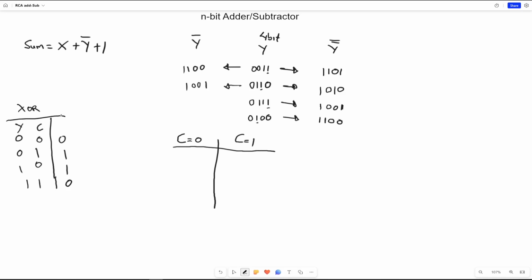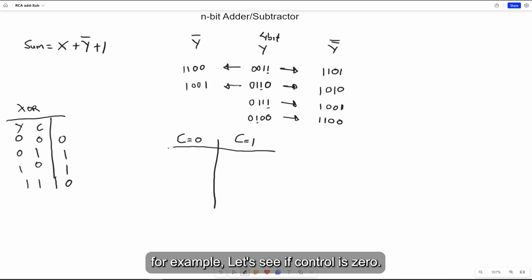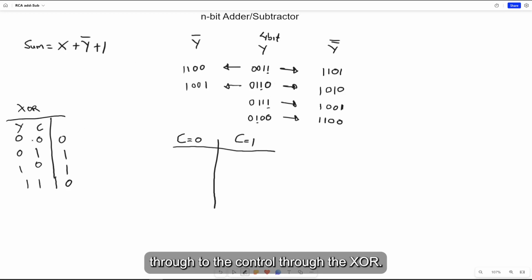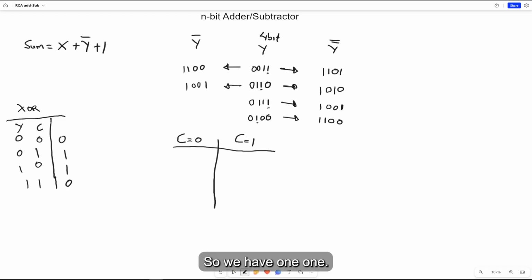Now, for example, let's see if the controller is 0. Every time the controller is 0, we put this number through the XOR. So we have 1 1. So we go here, we have a 1 here, for example, and the controller is 0.